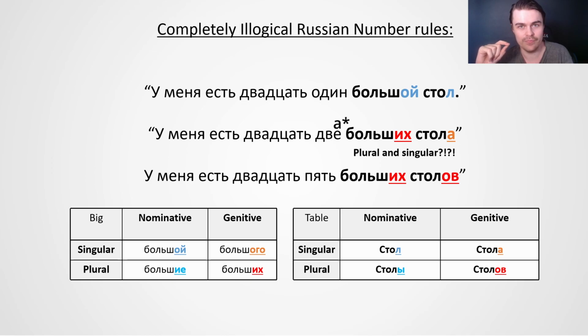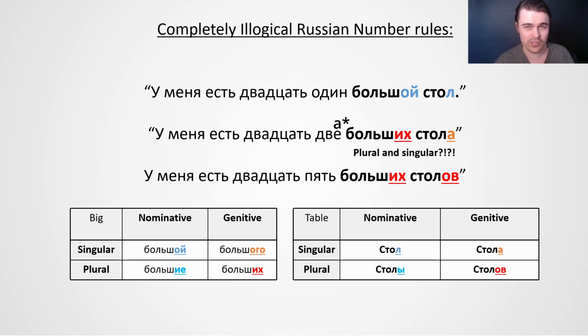If you want to say it with a 2 at the end, logic out the window again, what you do is you make the adjective ending genitive plural, and you make the noun genitive singular. So the adjective is plural, but the noun is singular.